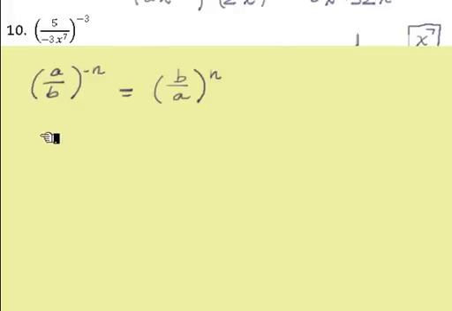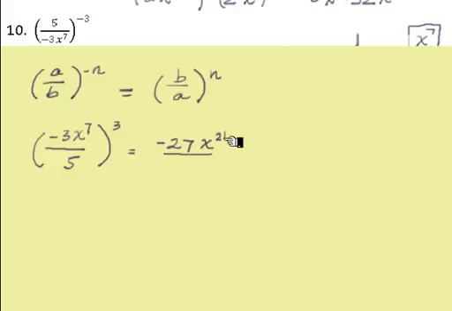So we're going to take the reciprocal and we'll change the -3 to a +3. -3 cubed, that's -3 times -3 times -3, that's -27. And x to the 7th cubed, multiply those exponents, and we get x to the 21. Divided by 5 cubed is 125.